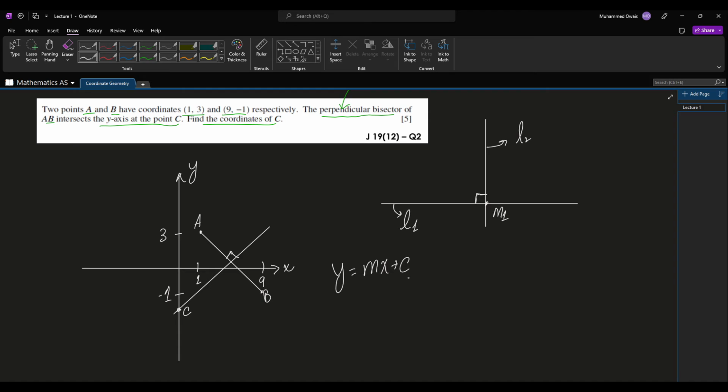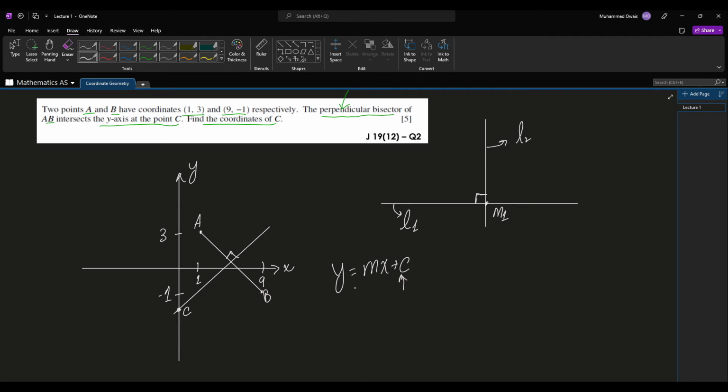So basically, if we find c, we will also find the coordinate C. Notice that this is not the coordinate C, this is the y-intercept c. Always remember that this and this are the same, but this c does not mean the coordinate C. This just means the place where the line is cutting the y-axis. Okay, so then how do we find it?